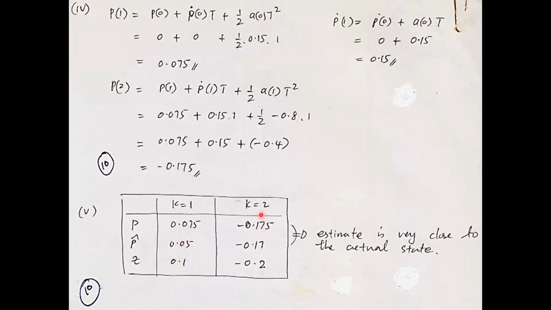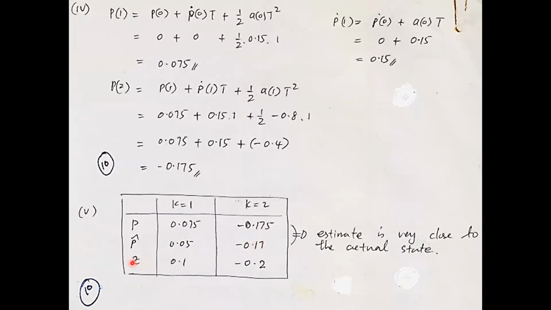Let's move forward. K equals 2. There the true value is minus 0.175 and the prediction is minus 0.17. Very, very close just in the second step.